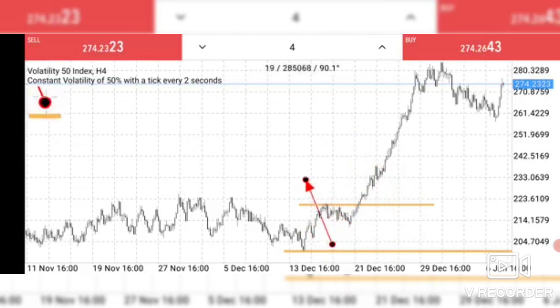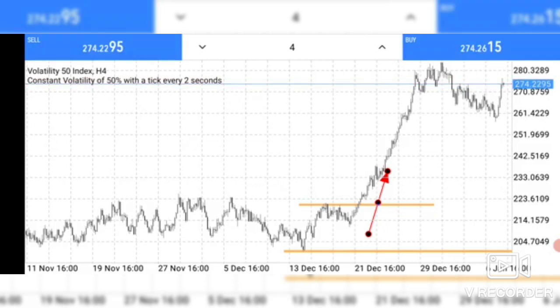When it is a valid path, all you need to do is wait for a new path to start creating in the direction of the previous path, and every path must be in the direction of the higher time frame view of the market. It should be an impulse.